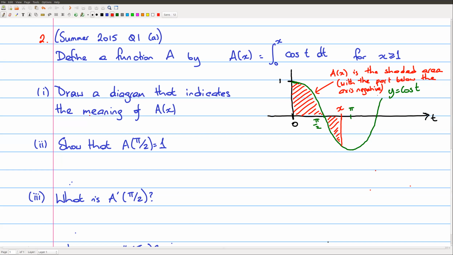Any kind of picture like that just shows what the function A is doing. What A does for a particular value of x is take account of that red area. It's the area accumulation function for this graph, which is drawn in green. So any picture at all like that would explain what the function A is doing, and would certainly get full marks from me on an exam.